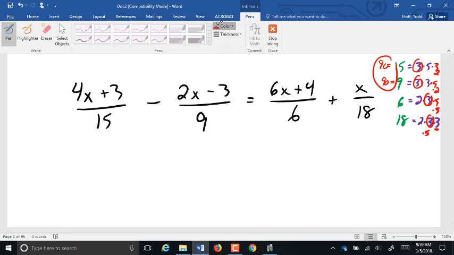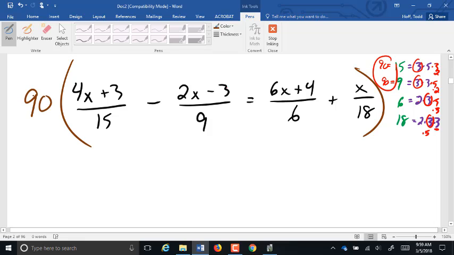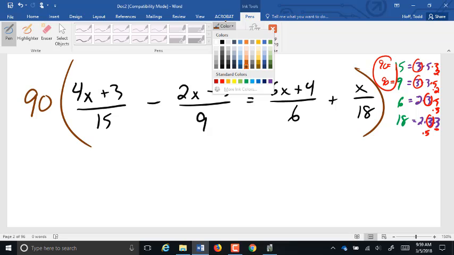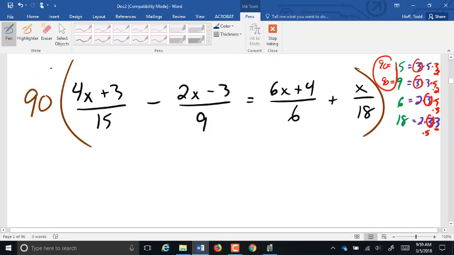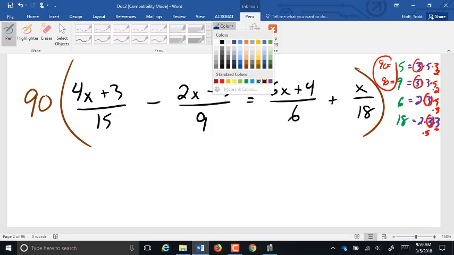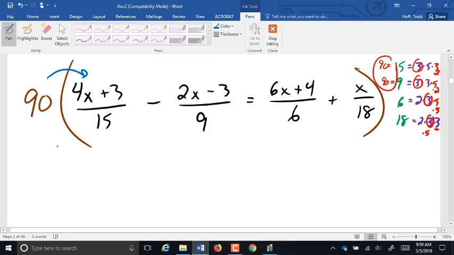So that means we're going to multiply this mess by 90. So we're going to do 90 times this first fraction. 90 over 1 times 4x plus 3 over 15.